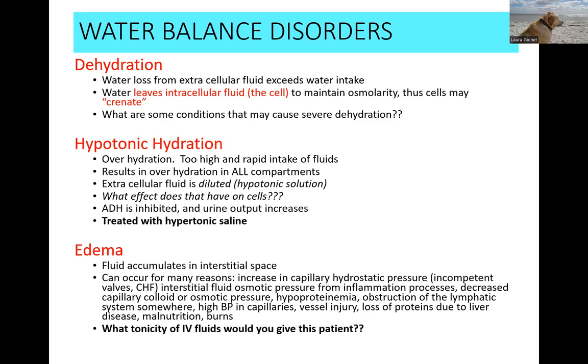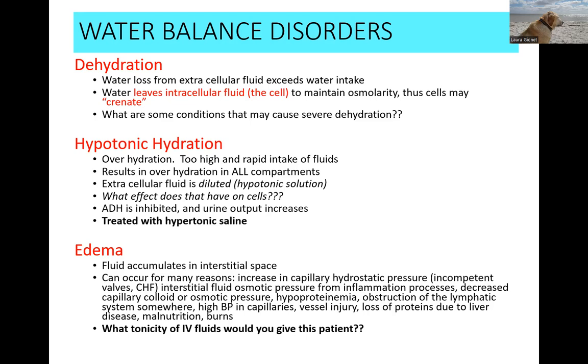Edema can occur for a number of reasons. If it's just localized in your hand, it might be because you injured your hand and have local inflammation. But when you have it all over the body, it can be due to a number of things that we can read about. Sometimes it's incompetent valves of the veins or along the lymphatic system.